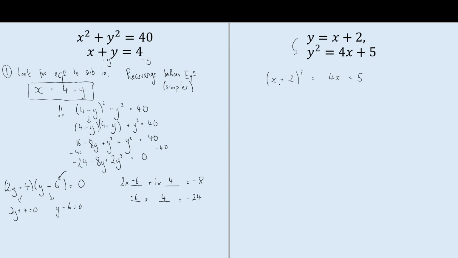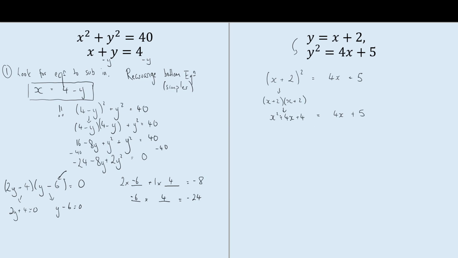Which means that we've got to expand this bracket. Remember, if you've got a bracket squared, that means you're multiplying that bracket by itself. Expand that bracket, and then look to simplify and rearrange your equation.